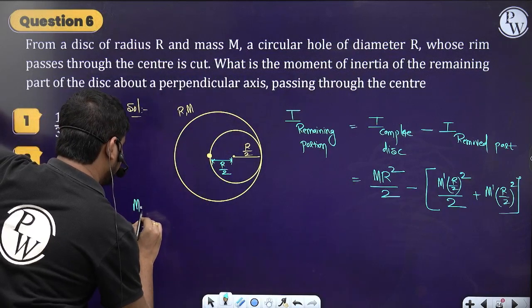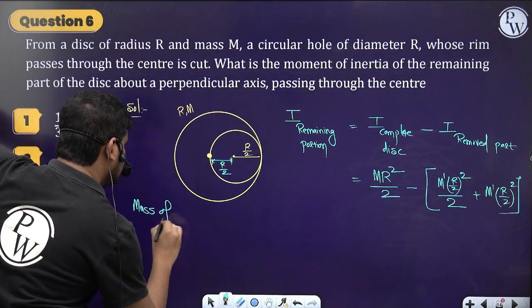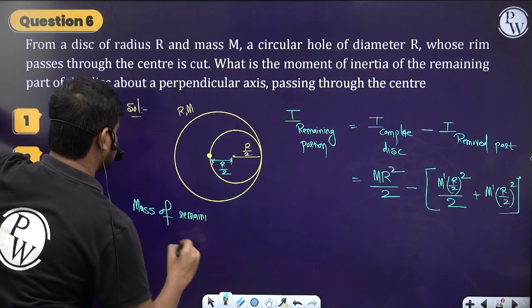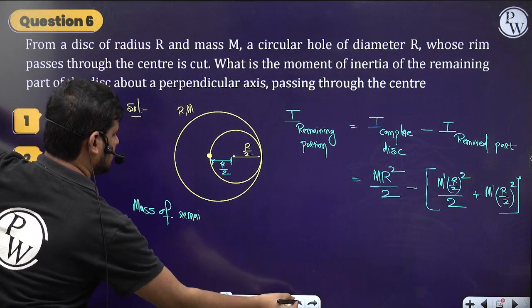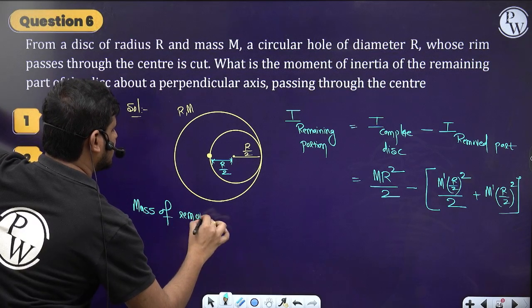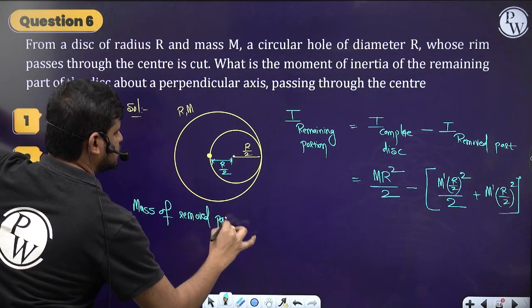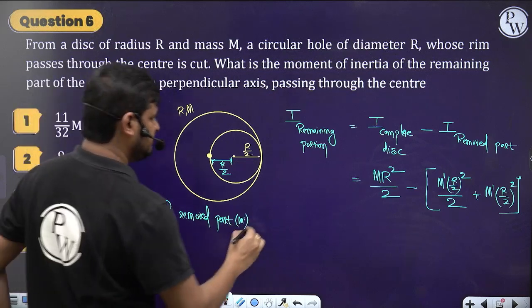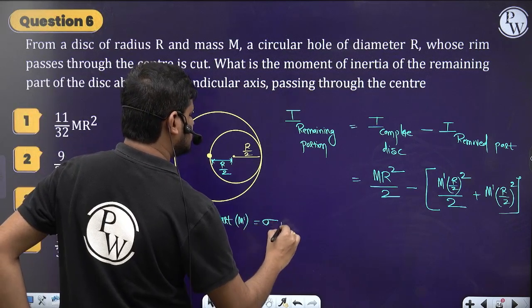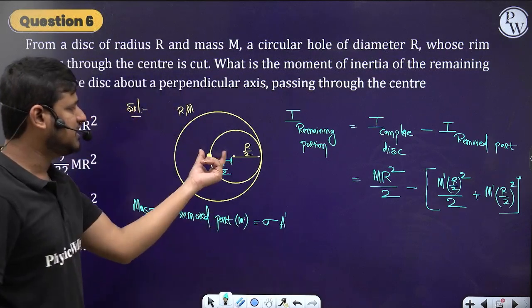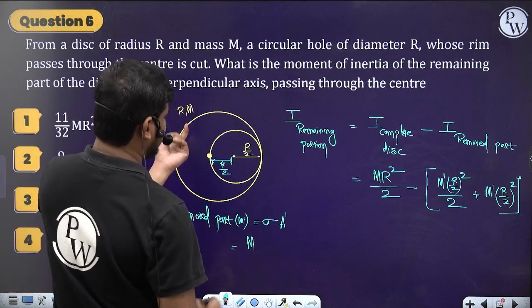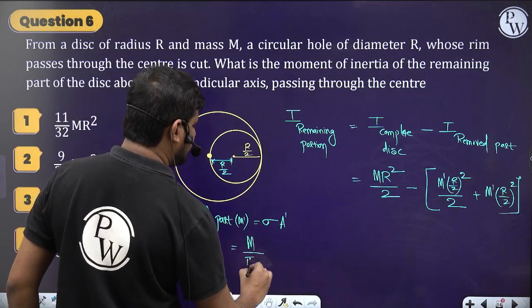First, let's find the mass of the removed part, which is m'. How do we find that? Simply sigma into the area A'. What is sigma? The total mass over the area πR².